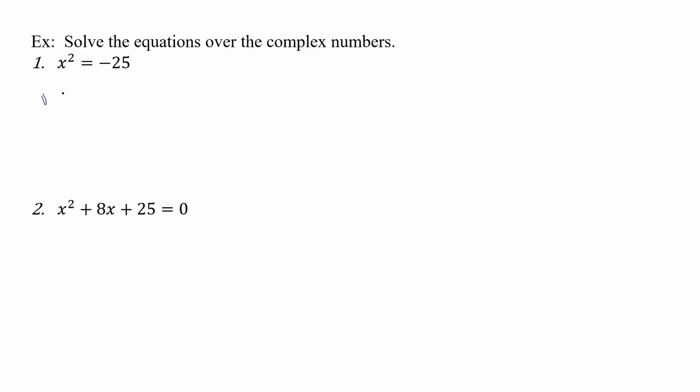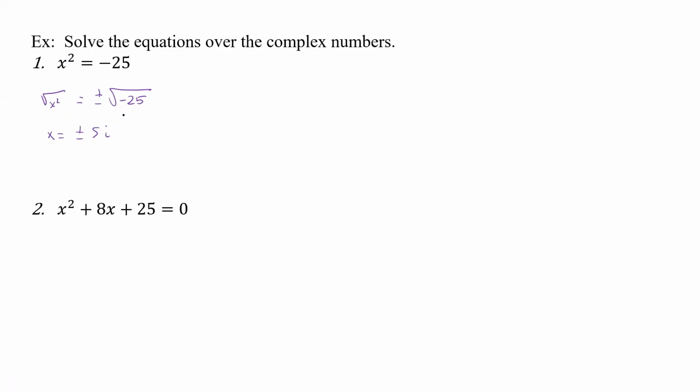So we're going to take the square root of x squared equals, and then we have plus or minus the square root of negative 25. Well, square root of negative 1 is i, square root of 25 is 5, so x equals plus or minus 5i. Okay, and that would be one way to do this.